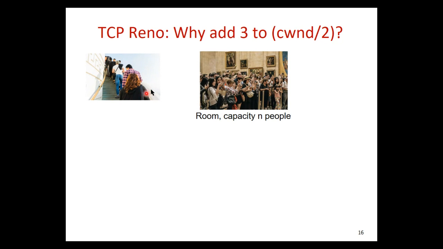So there's a queue of people waiting to get into the room, but they are not admitted into the room. They have to wait. So first question for you: at what point in time will the person at the head of the queue be admitted into this room? When?